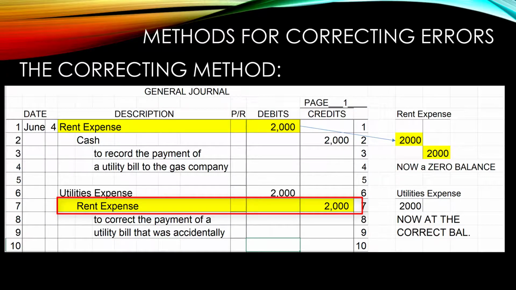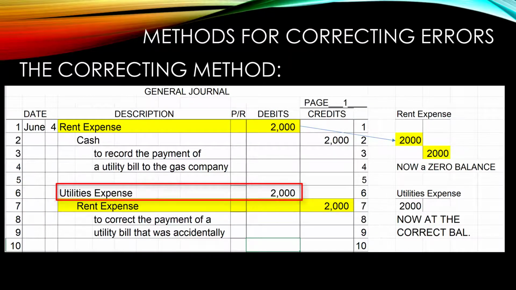So focus on the rent expense error. To get it out of the system, we do the opposite. In other words, our mistake was to debit rent expense. So to fix it, we credit the rent expense in the correcting entry, and then we debit utilities expense, which is the account the transaction should have been charged to in the first place.